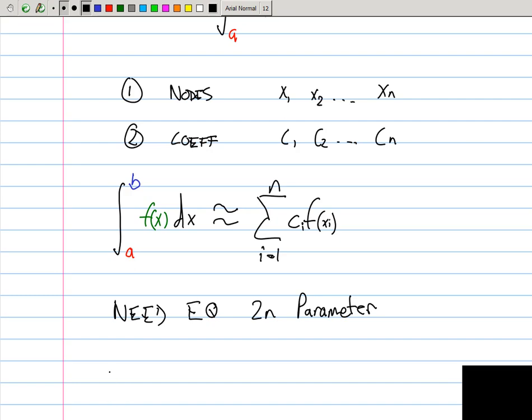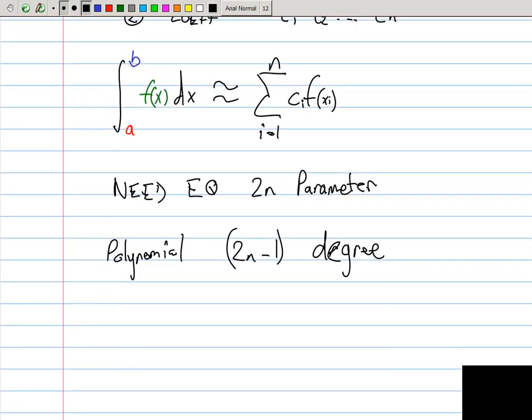As such, we are going to want a polynomial a plus bx plus cx squared plus etc. of degree 2n minus 1. We want something of that degree at least, because a polynomial of that degree will have at least 2n parameters.